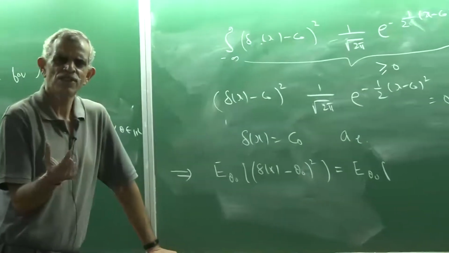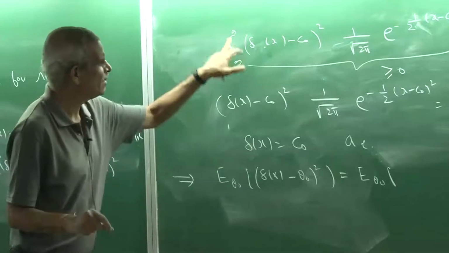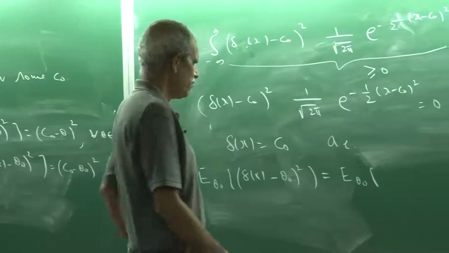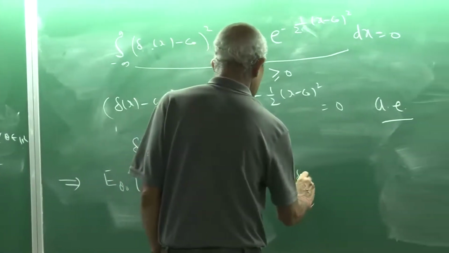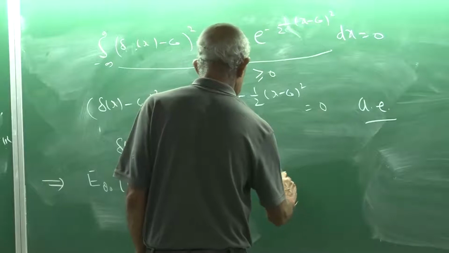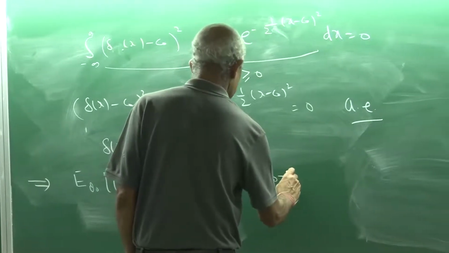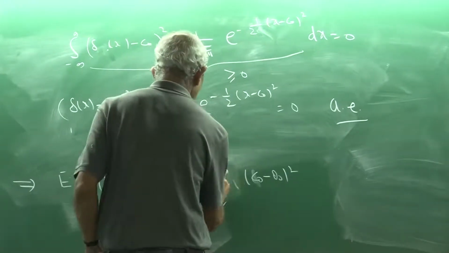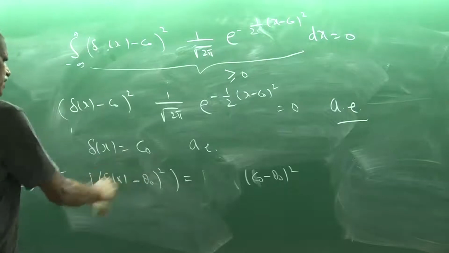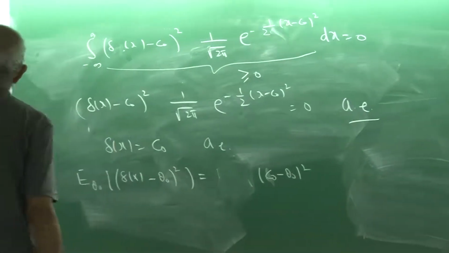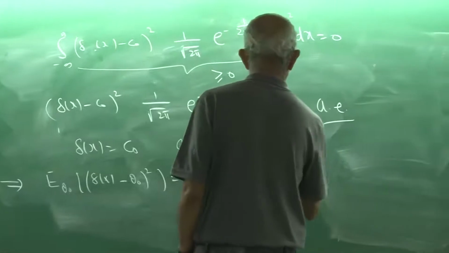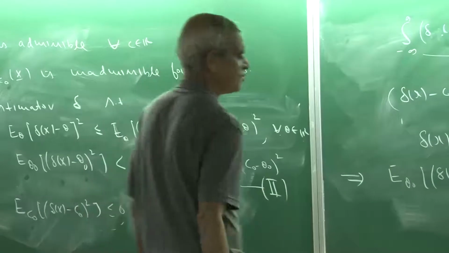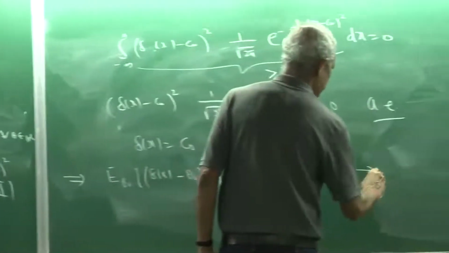That means where it is not 0, it does not contain any rectangle. So in the integral they will not contribute, because they do not contain any interval where it is not 0. So this is the same as (c0 minus theta0) whole square. But that contradicts, let me call this as 2, because for 2 there should be a strict inequality.